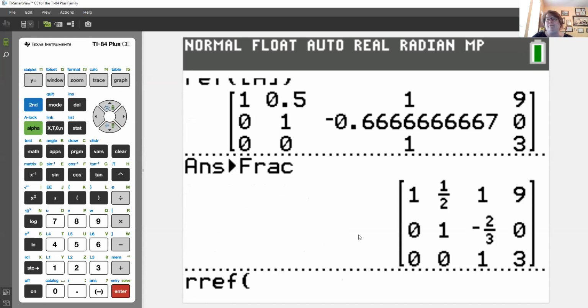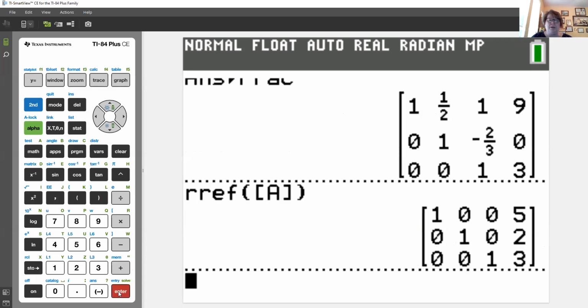Well, the only matrix I have inputted right now is matrix A. So I'm going to go back to my matrix menu, hit enter, close my parentheses, and hit enter. So this is going to take my matrix A, that augmented matrix, and put it in reduced row echelon form using Gauss-Jordan elimination. That's a mouthful. So I'm going to hit enter, and there you go.